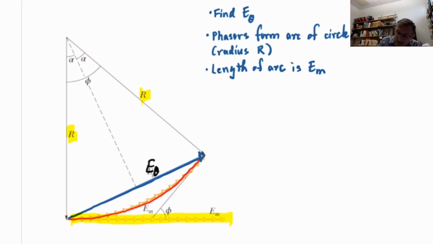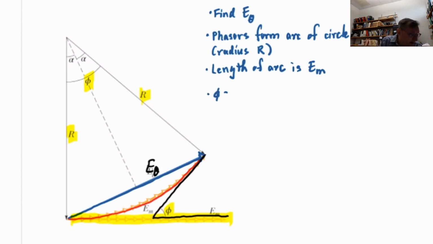And then the angle subtended by the two radii up here, phi, turns out also to be shown down here. And it is the angle between the direction of the first phasor, which is to our right, and the direction of the last phasor, which is upward like so. Turns out those phi's are the same. That's geometry.